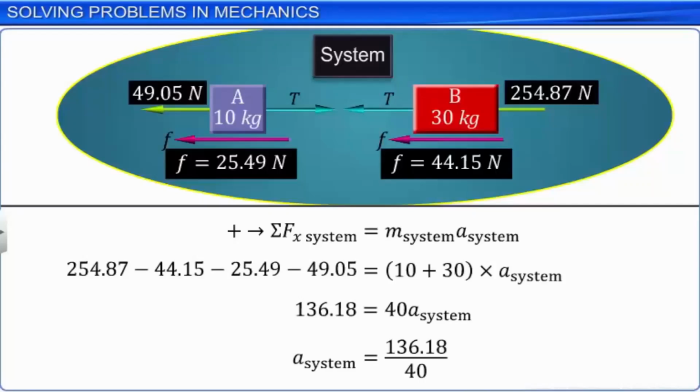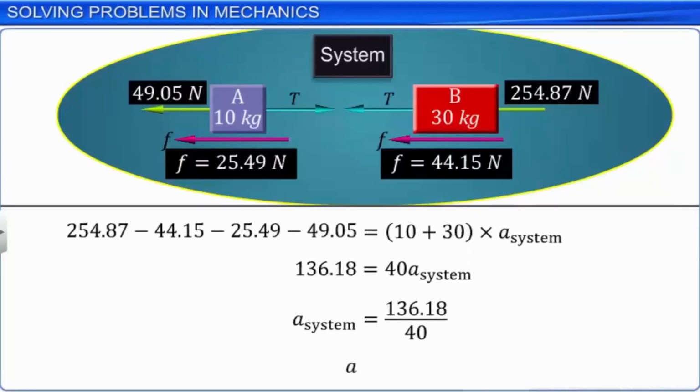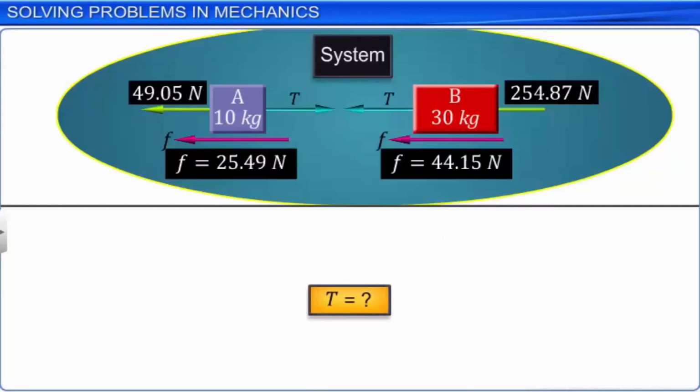The disadvantage of this method is that the tension in the rope T cannot be found directly. To find T, we have to write the net force equation for A or B, where we substitute the value of acceleration just obtained, that is 3.4 meters per second squared.